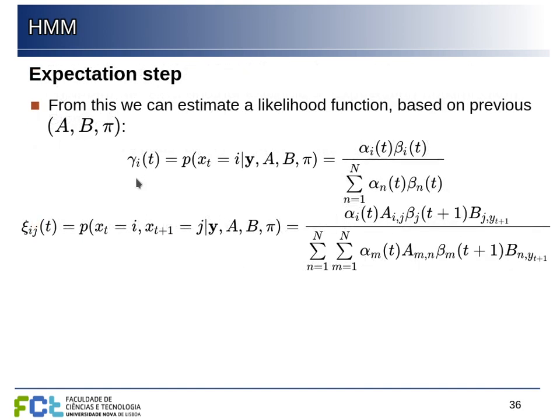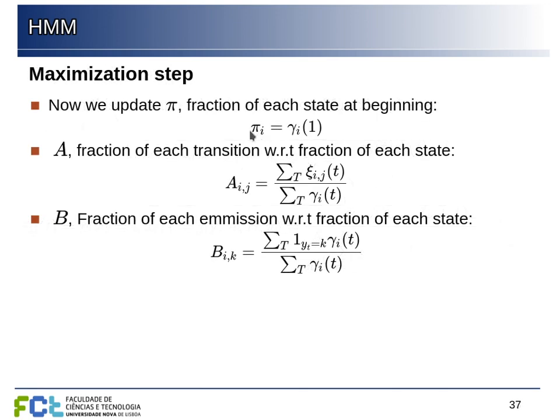So this expression here, the probability of being in this particular state at time 1, considering all the sequence that we have, will be the best estimate for the starting probability for the Markov sequence.